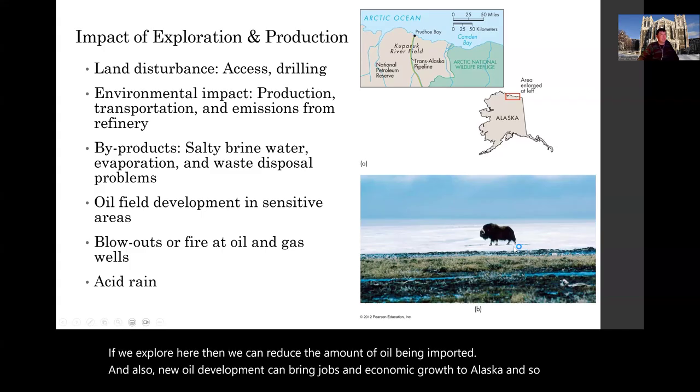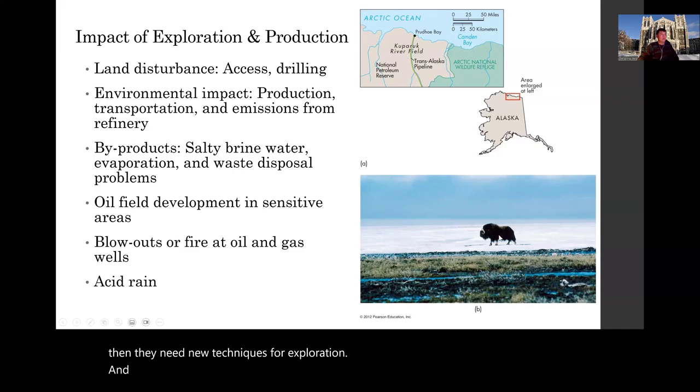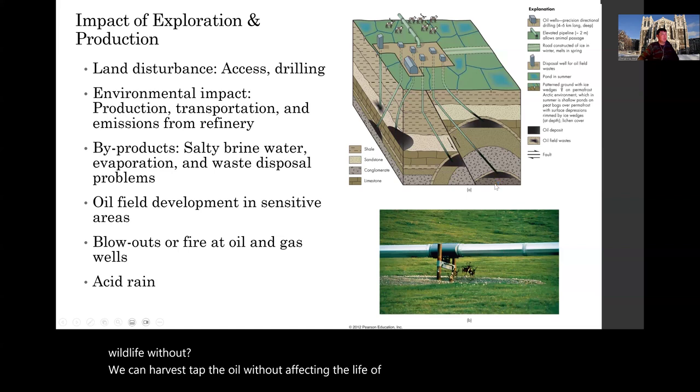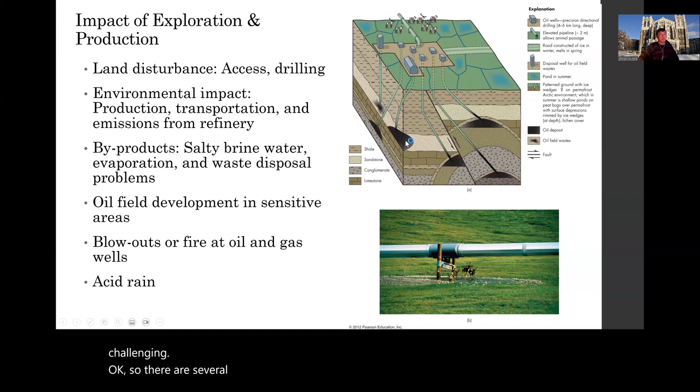But then they need new techniques for exploration and drilling. For example, there is wildlife here. How are we going to protect the wildlife while we tap the oil without affecting the life of all that wildlife? This is actually pretty challenging. There are several ways people think about to do this.